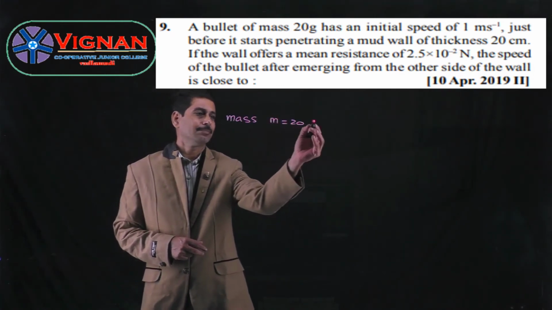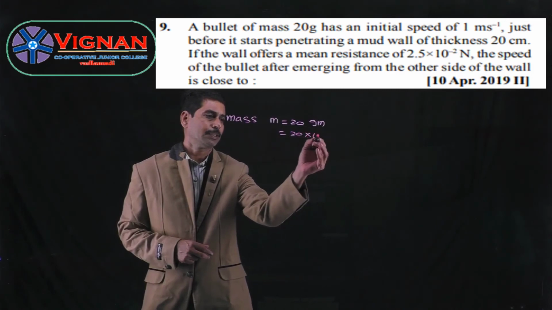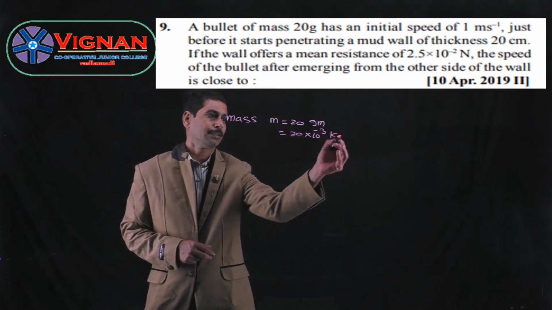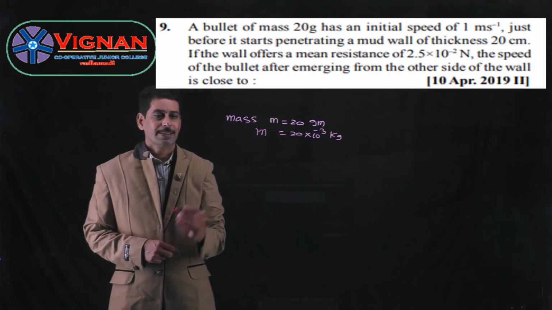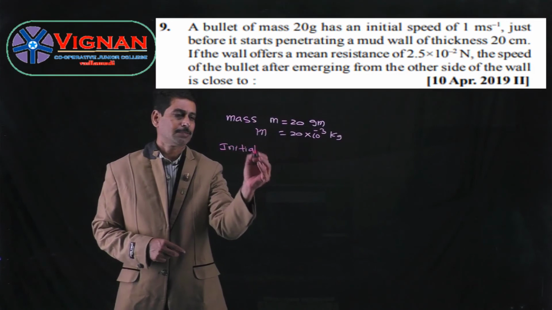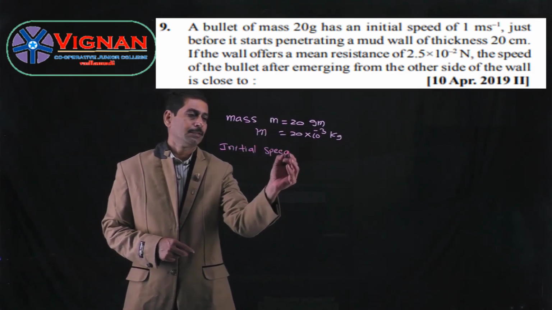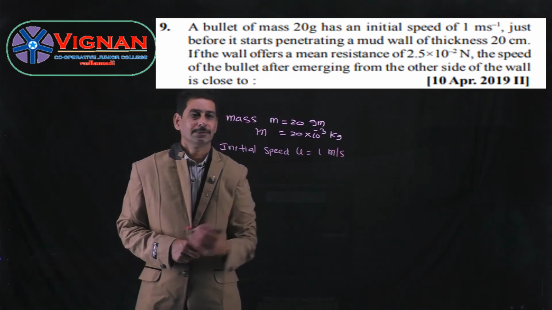So here in this problem, the data given is: the mass is given as 20 gram, just convert into kilogram, we get 20 into 10 power minus 3 kg. This is the mass m given. The initial speed u is given as 1 meter per second.